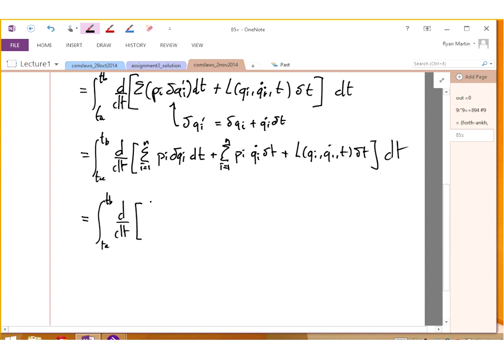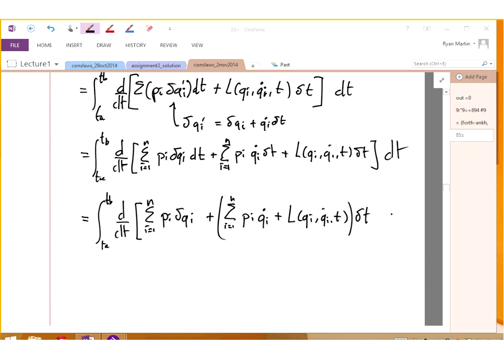So in the first term I have the sum from i equals 1 to n of the pi delta qi, and then plus the sum from i equals 1 to n of pi qi dot plus L evaluated at qi dot and t. So that whole thing times delta t dt.